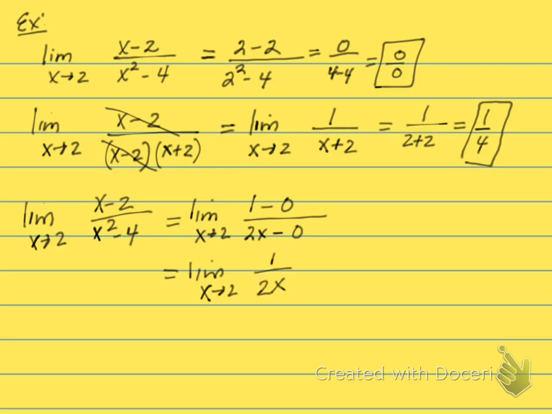And then we will apply direct substitution, and we would get 1 over 2 times 2, which is 1/4. And you see that L'Hopital's rule resulted in the same answer as the factoring method.